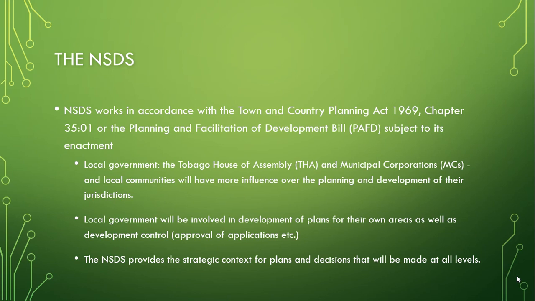So at the local government level, they would be able to control and make a determination and say development A has been approved because it fits within our local development plan, or development B, you reject that approval because it does not fit into the development plan. So the NSDS provides the strategic context for plans and decisions that would be made at all levels.